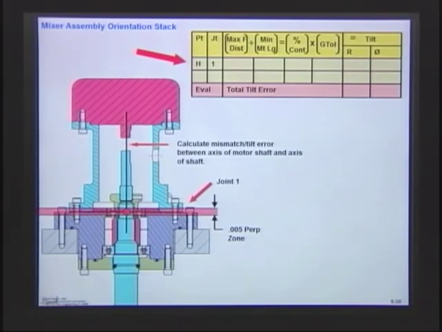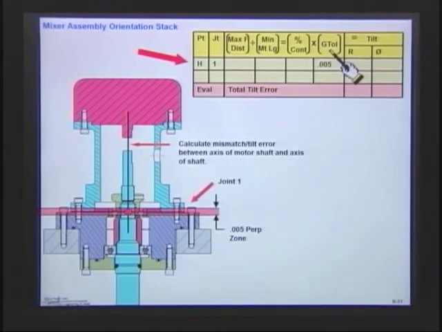So this is our stack table here. The way it works is, first of all, what is the geotol that I have? This is a perpendicularity within 5, so I'll enter that into my table as 5,000ths. Now, the rest of this information, we had the maximum feature distance and the minimum mount length.